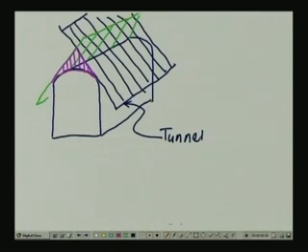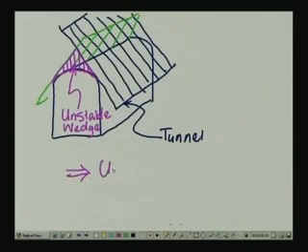So, this is the unstable wedge in this case. This is going to be classified as an unfavorable condition.